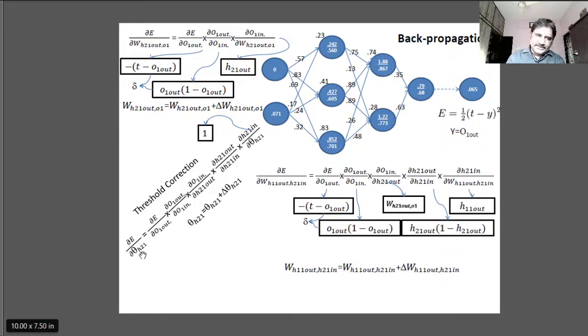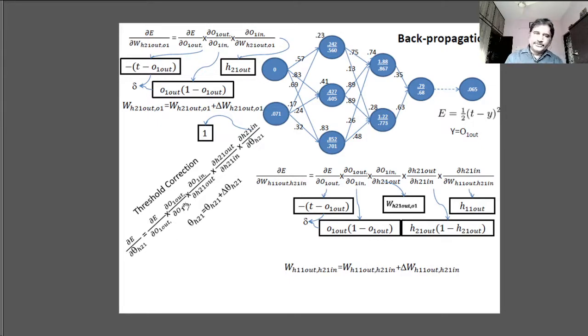The subscript here I have written H21 just to locate the neuron H21, the hidden layer 21 threshold at that point. Again, it is not directly related, so what we will be doing, we'll be differentiating E with respect to various events occurring in between. E will be differentiated with the output of this neuron, dE by dO1 out.